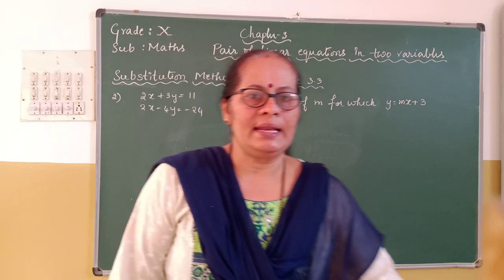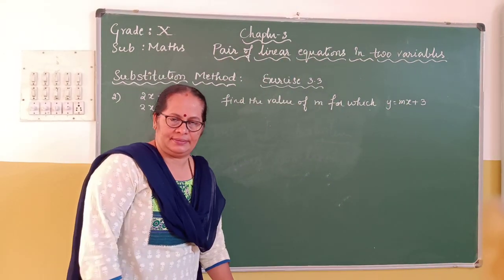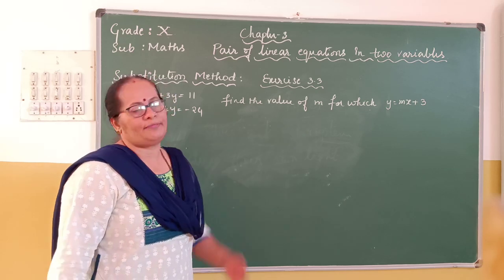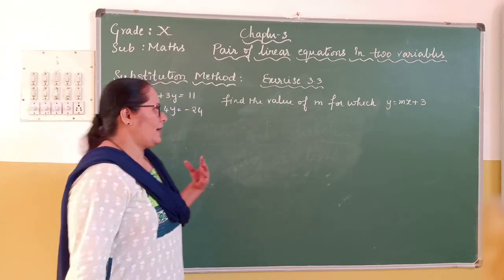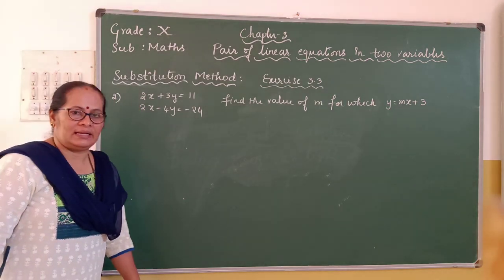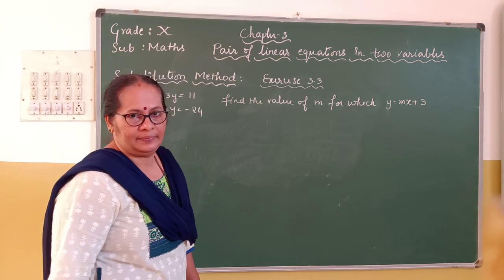To find the value of m, you need to find the value of x and y first. Then only you can find the value of m. So first we find the value of x and y using the substitution method.